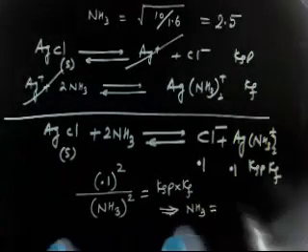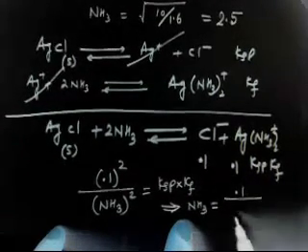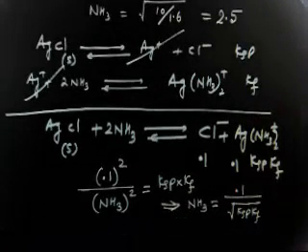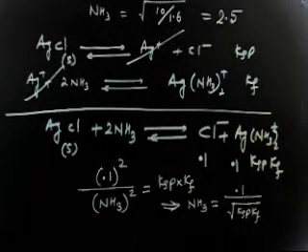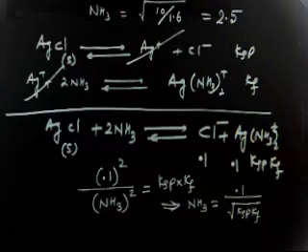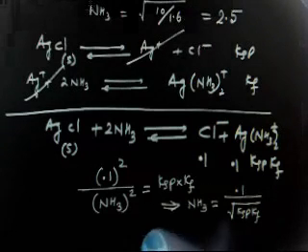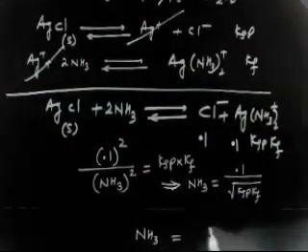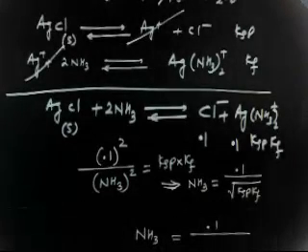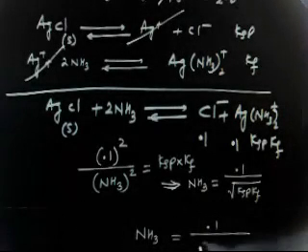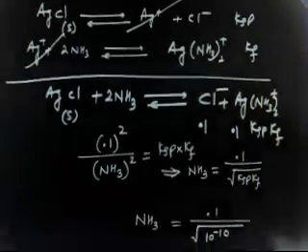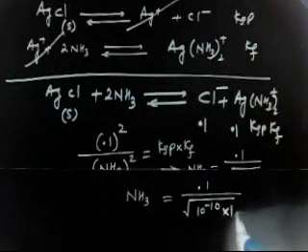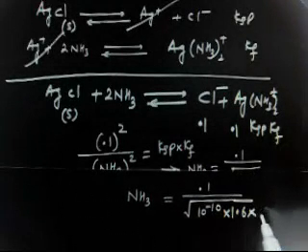So NH3 is nothing but 0.1 divided by root over Ksp into Kf. You know the values of Ksp and Kf, so you can calculate the exact value in this case. Try to solve it for yourself. So let us say NH3 divided by 0.1, and Ksp is 10 to the power minus 10, and Kf is 1.6 into 10 to the power 7.